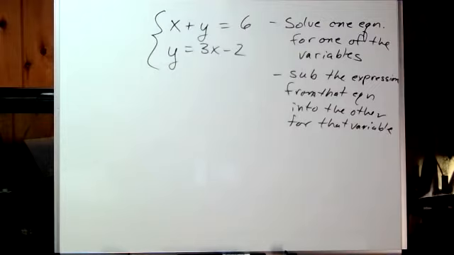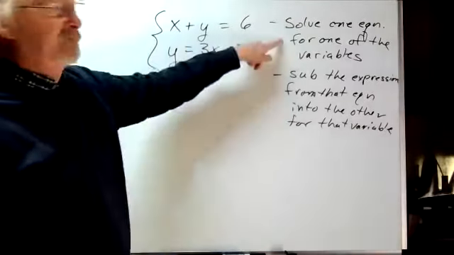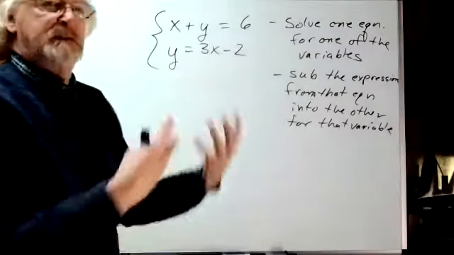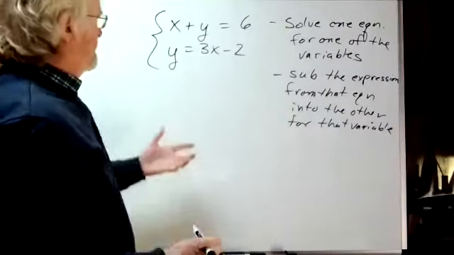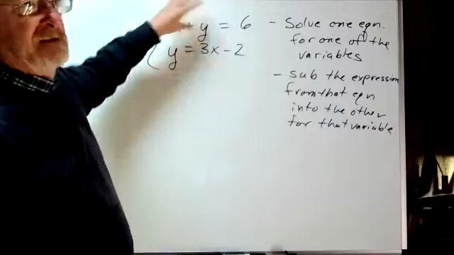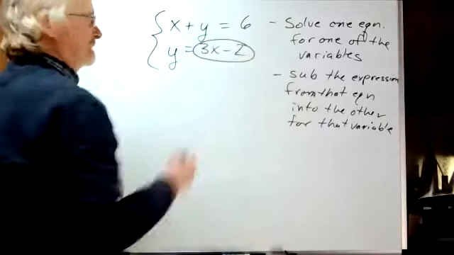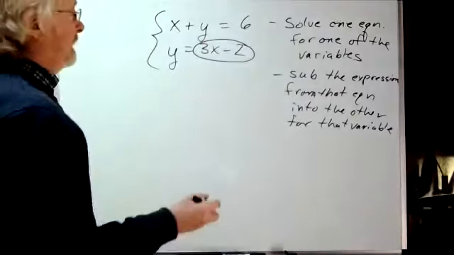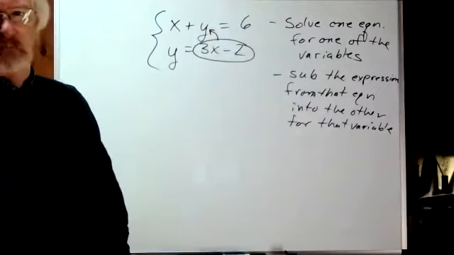I call this one an easy one because one of them is already solved for one of the variables. You don't have to do any work for the first step. If I'm going to come up with a point that solves both equations, it's got to make this one true and that one true. So I can take this expression, which has got to be equivalent to y in both equations, and replace that y with that expression.